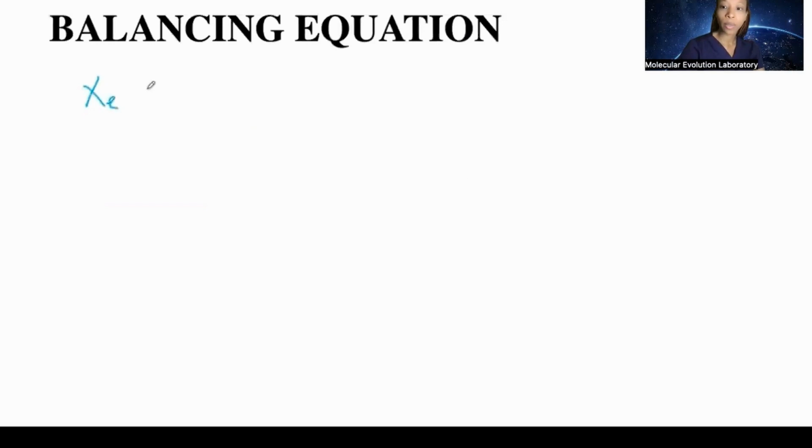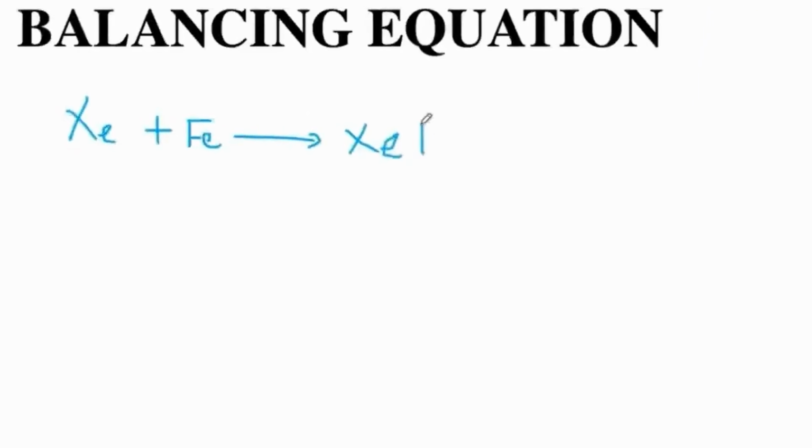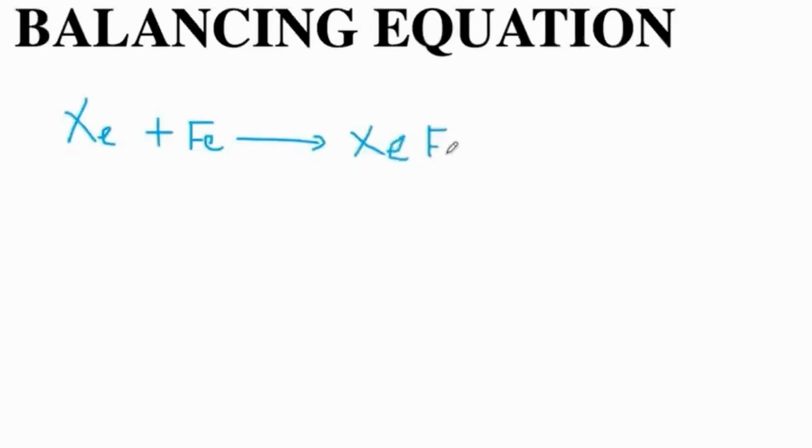All right, so here we will be balancing this equation. We basically have xenon and fluorine, and this is the product. On this side, we have 1 xenon. On the side of the product, we also have 1 xenon.